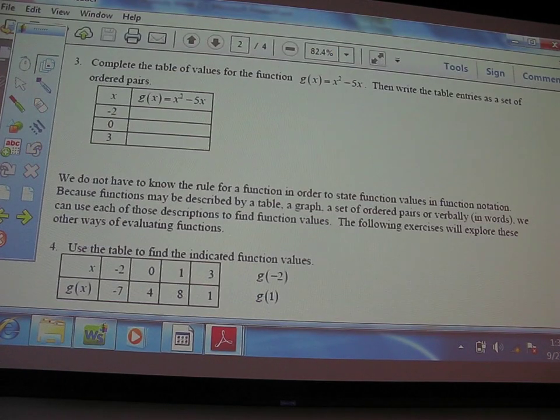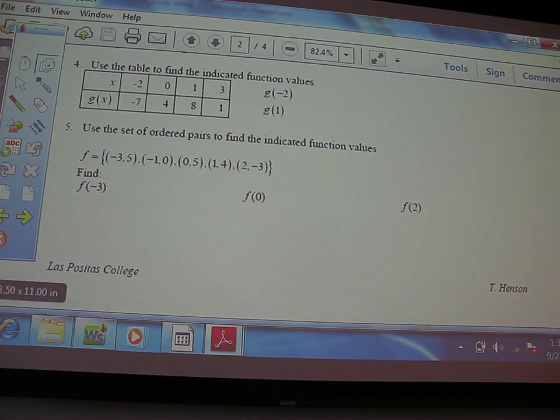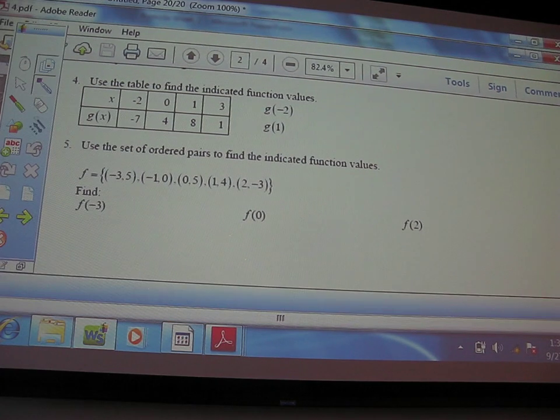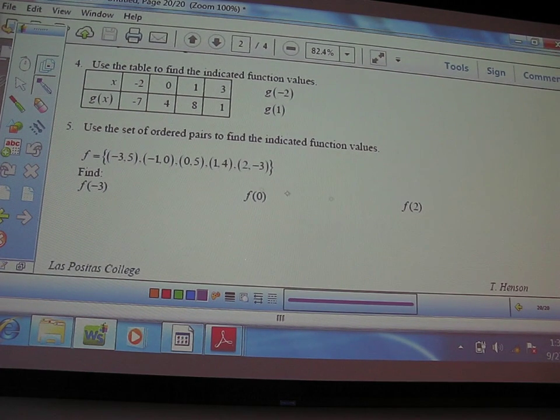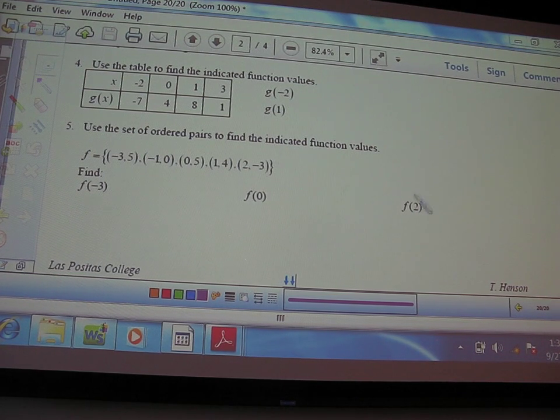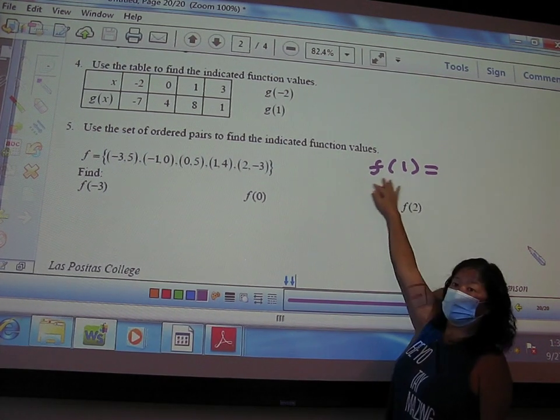And then, number 5, use a set of ordered pairs to find the indicated function values. This is the same thing, only instead of in table format, we're doing it in point format. So here, if I asked you to find f of -1, is this my y or my x?